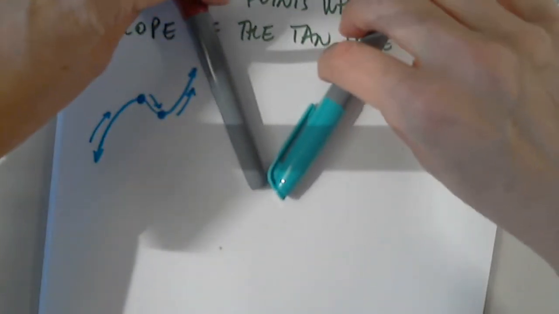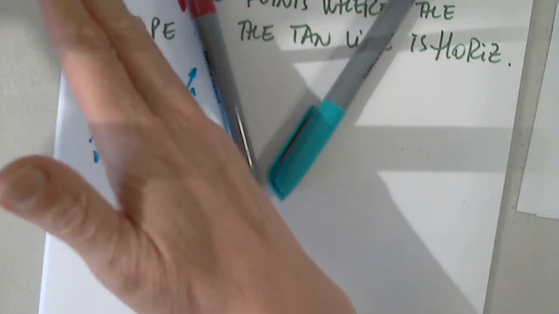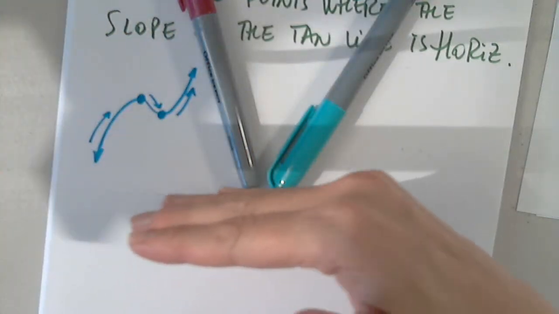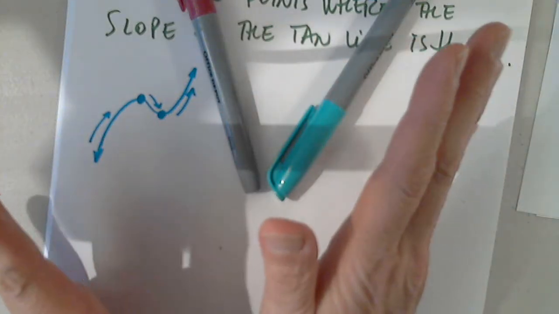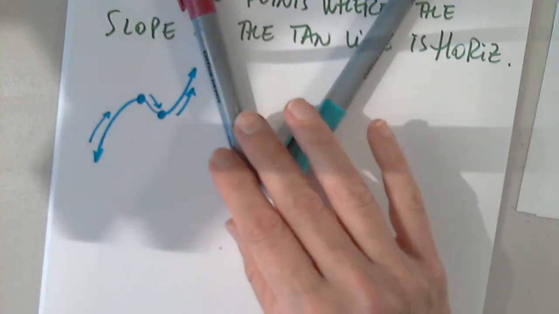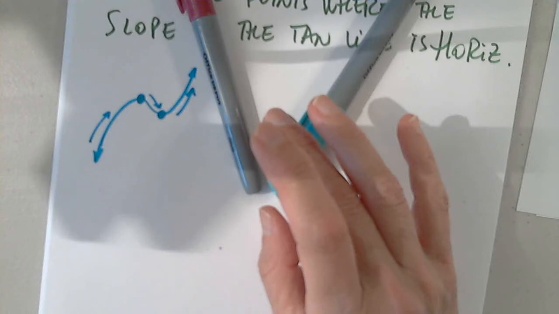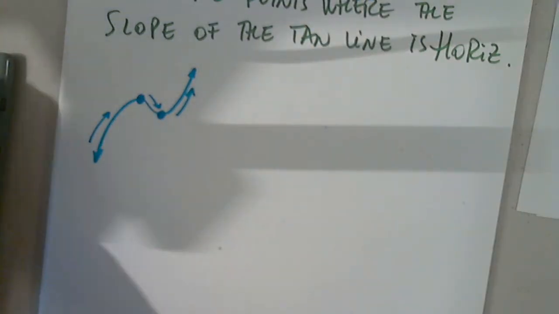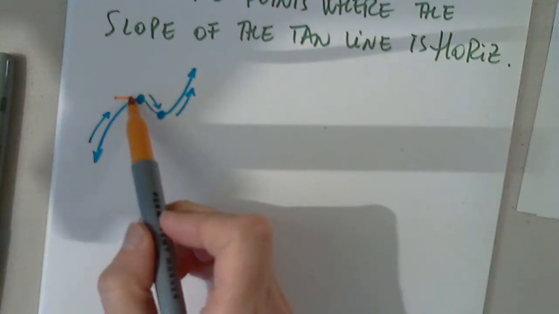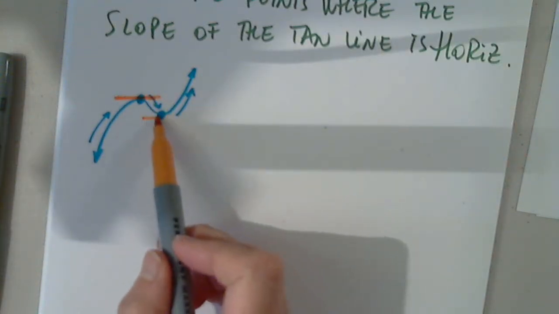If it's like this, first it has a negative slope, then a zero slope, and then a positive slope, assuming this is not a corner or a cusp. So obviously the horizontal tangent happens when the function has a max or a min.